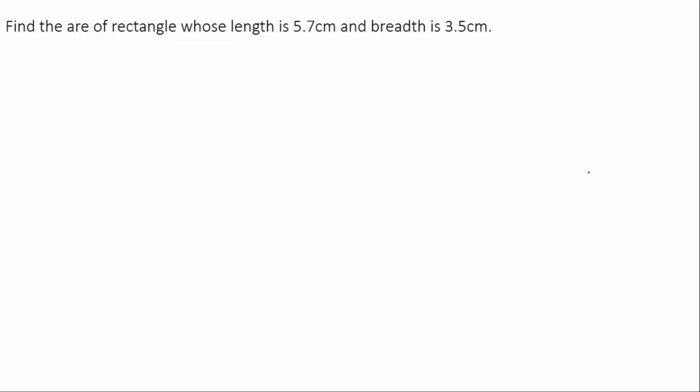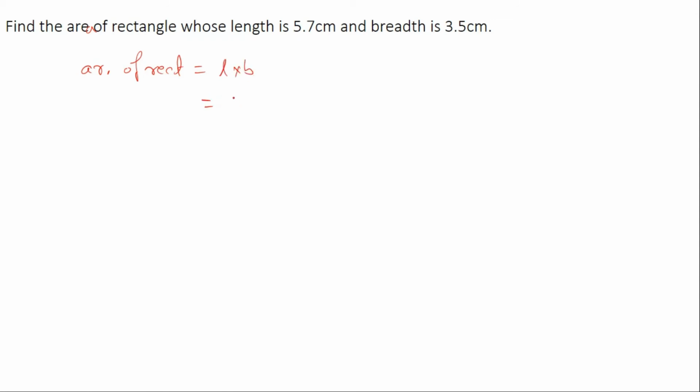Now next question is, find the area of a rectangle whose length is 5.7 centimeter and breadth is 3.5 centimeter. We know the formula for area of a rectangle is length into breadth.